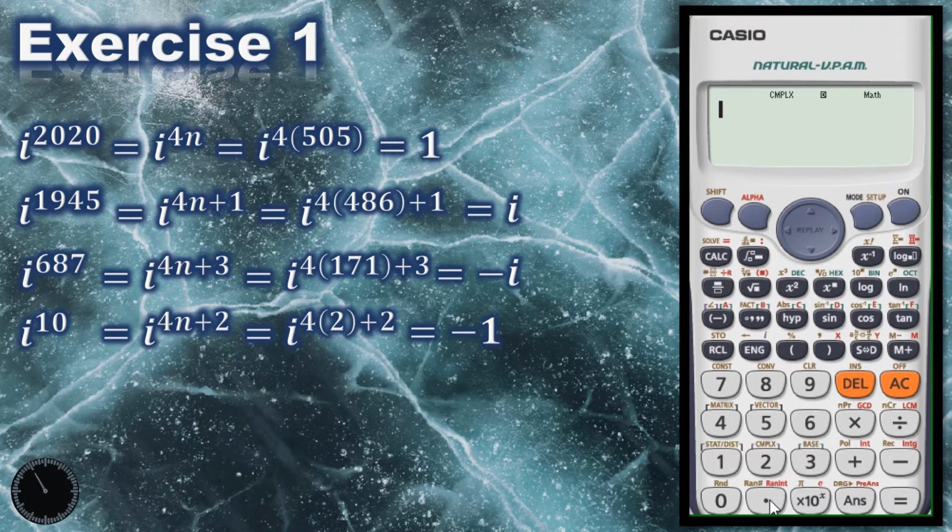Okay, then reset ENG to give us the i, and x power to give us the power 687, which will give us negative i as we showed here, and ENG to give us the i power 10, which will give us negative 1. Okay, now you've seen how it's done by calculator.